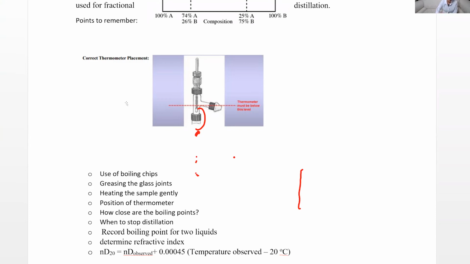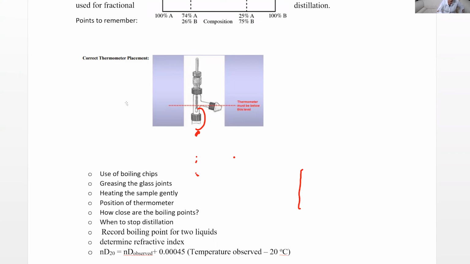If too much vapor is produced, then the condenser doesn't have enough time to condense all the vapor. Some of the vapor would leave through the vacuum adapter or the opening of the receiving flask. And separation is not going to be efficient because you give enough energy to both compounds to evaporate at the same time. So basically you are co-distilling.